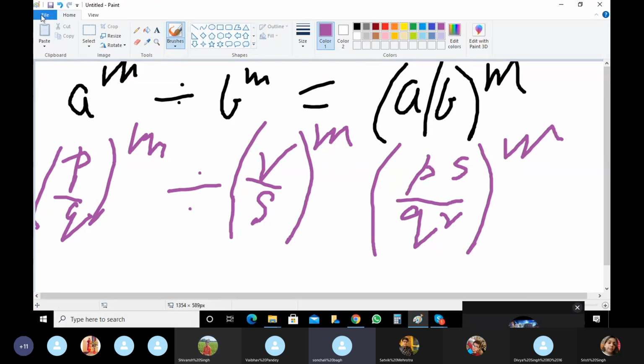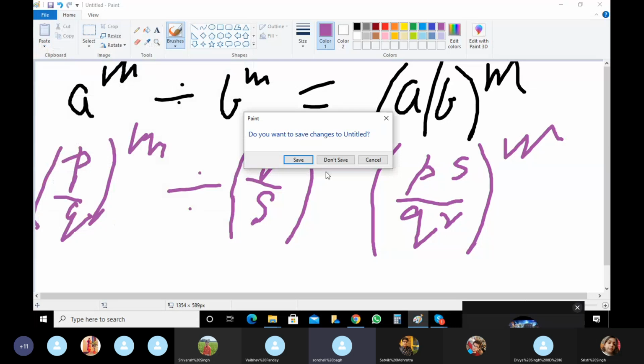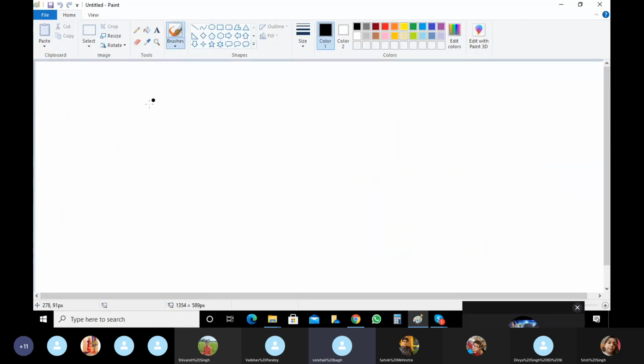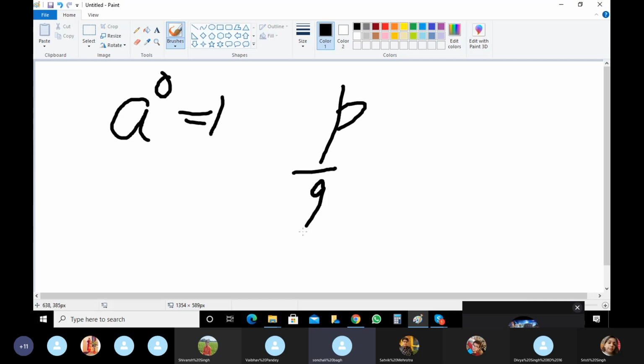Okay. Now one thing is very familiar to you. Let's see what you tell me. If I write a to the power 0, what should be the answer? Ma'am, 1. Similarly, if I write (p by q) to the power 0, what should be the answer? 1.